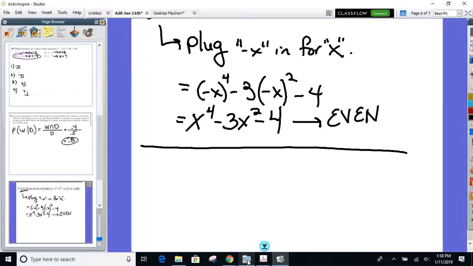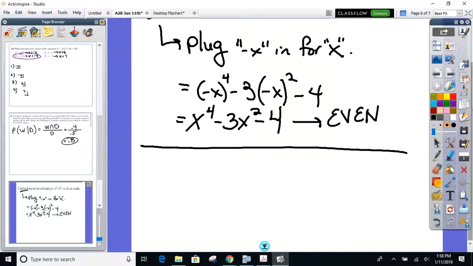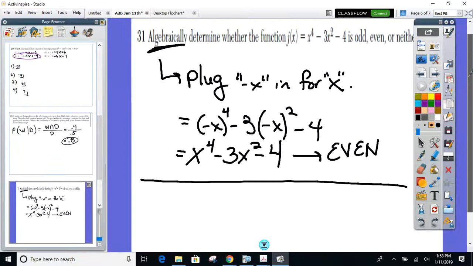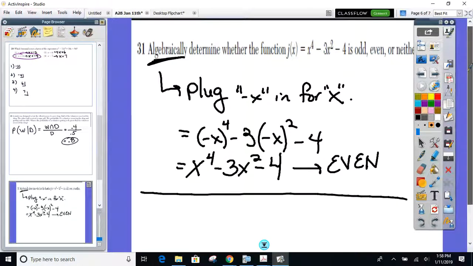Well, how did I know it was going to end up versus ending down? What's the sign out in front? So if it's positive and the highest exponent is even, then yeah, it's going to end up. If its highest exponent is even and it's negative, it's going to end down. The exponent tells you that. This is totally different than what we're doing here, which is if the whole thing is even or odd. This is how you test.